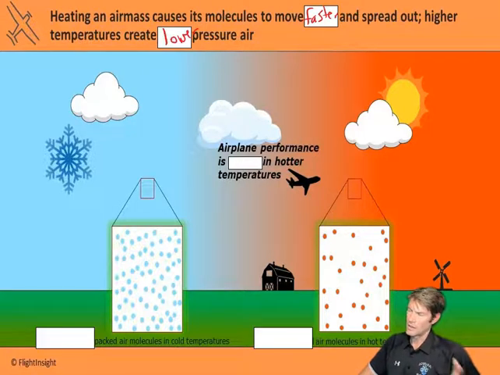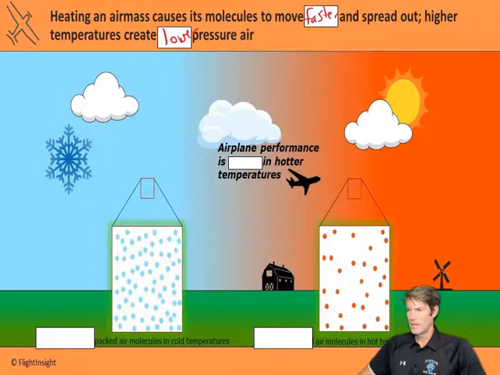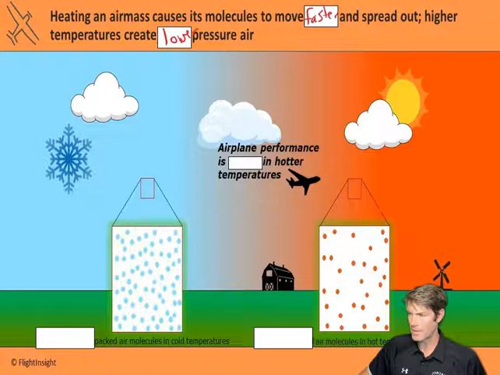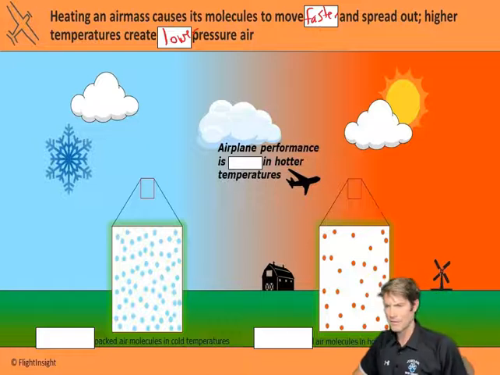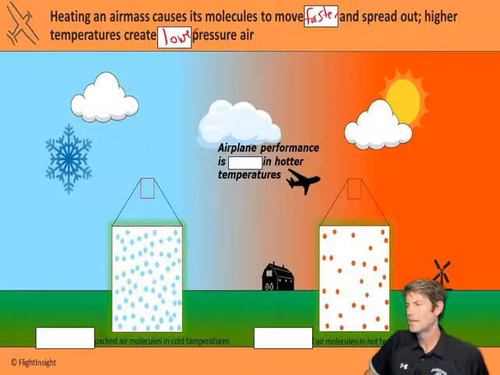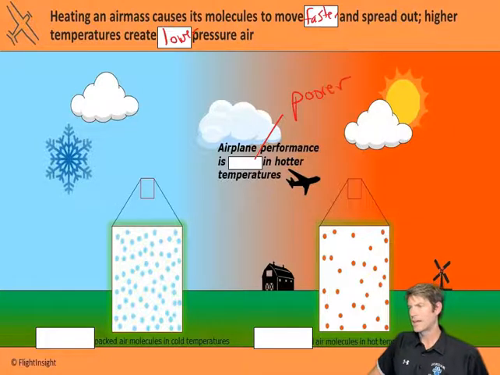And would you rather fly in cold temperatures or hotter temperatures? Well, which one of these groups of air do you think a plane would be able to use most effectively? A denser column or mass of air, or a less dense one? You can imagine the airplane's going to do better the more molecules it can interact with. There's going to be more lift. So airplane performance is poorer in hotter temperatures.